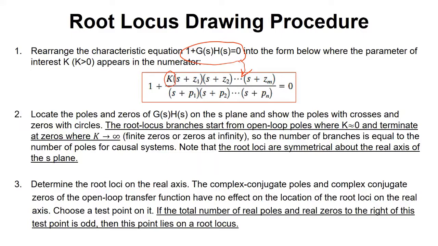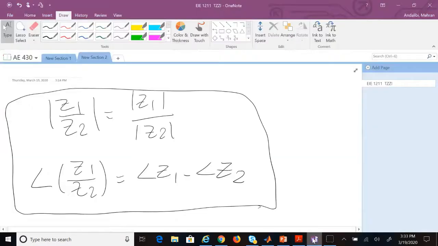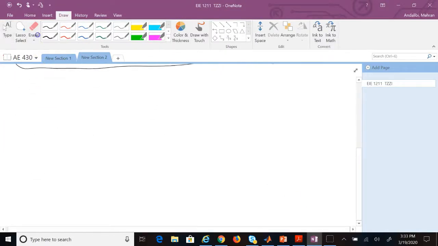Then we have to rearrange this 1 plus GH equals 0 into a form where K appears in the numerator, okay? So K is a real value, a real coefficient, a real gain, and it's never complex, it's always a real number which should appear in the numerator. So let me show you a case where this is not the case.